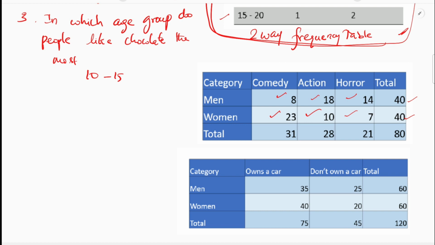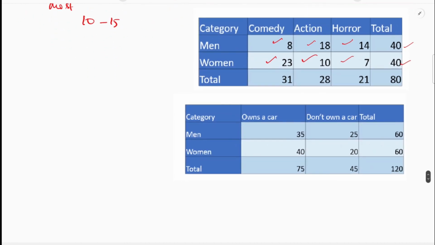Another example: the rows of the table tell us whether the person is male or female, and the columns in the table tell us whether they own a car or not. So, does this man or woman own a car or not?